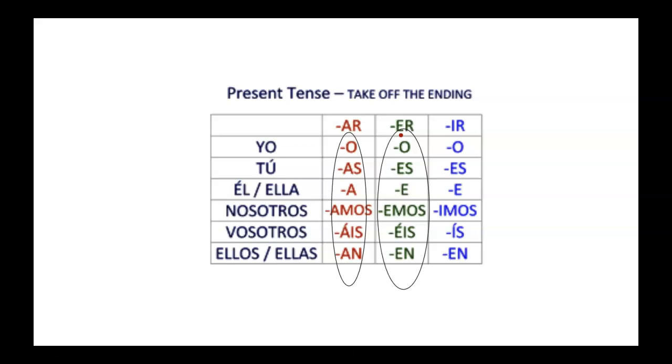Does that make sense, guys? Okay. So there are also IR verbs. IR verbs have very similar endings to ER verbs, only difference lies in nosotros and vosotros. All right. Now you go.